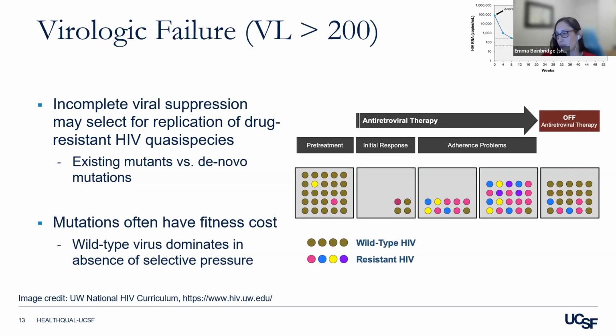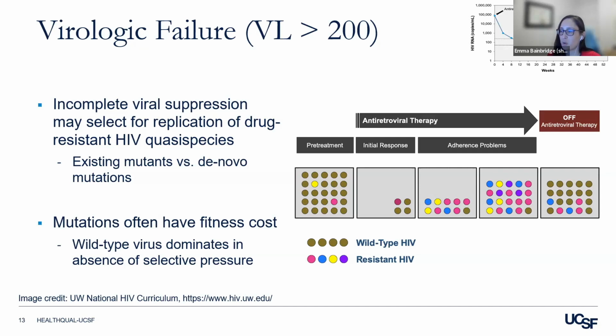You may have a few mutants in there that are still able to thrive and replicate. The yellow one and the pink one are the mutants that have some resistance mutations, but they're all still relatively fit, so they continue to replicate.